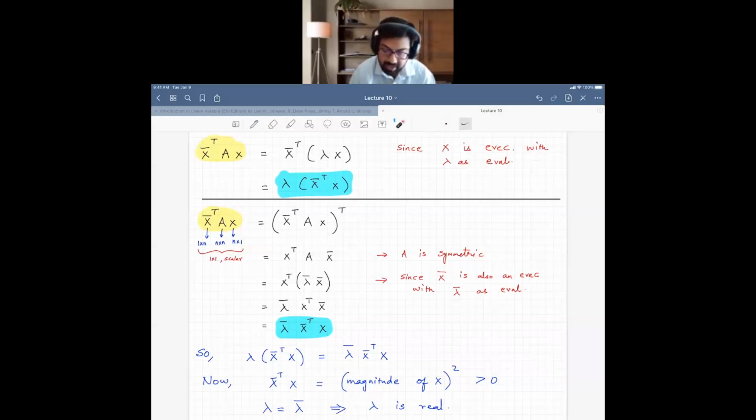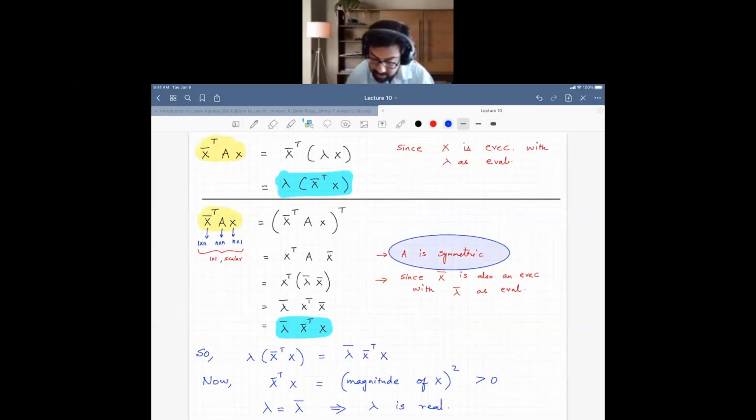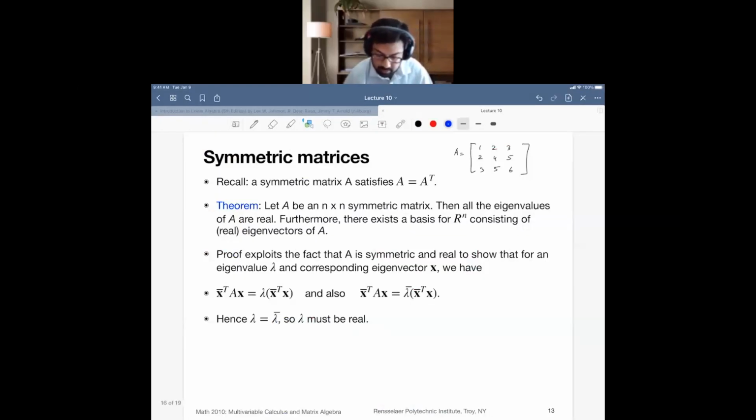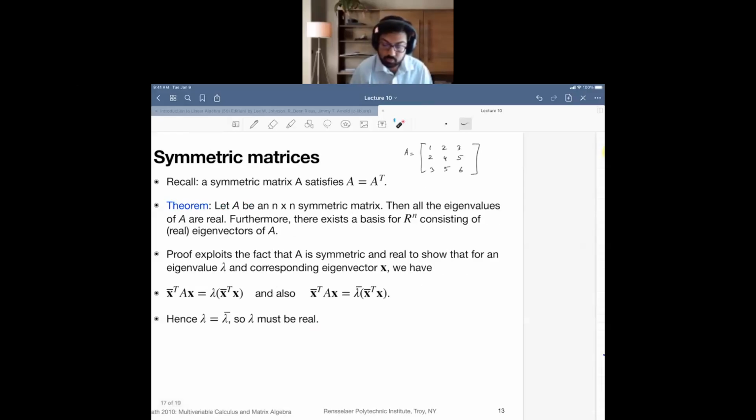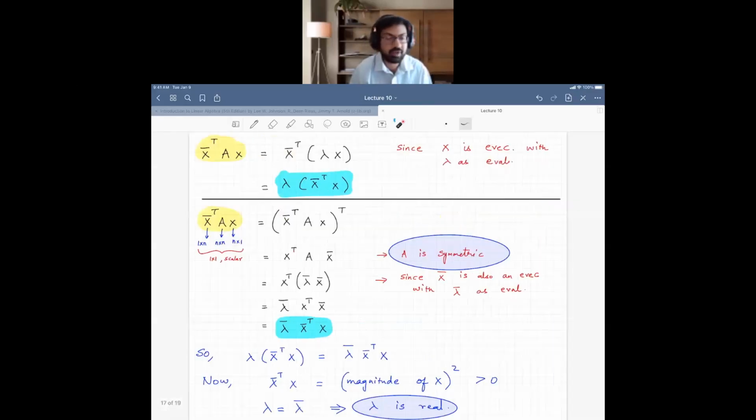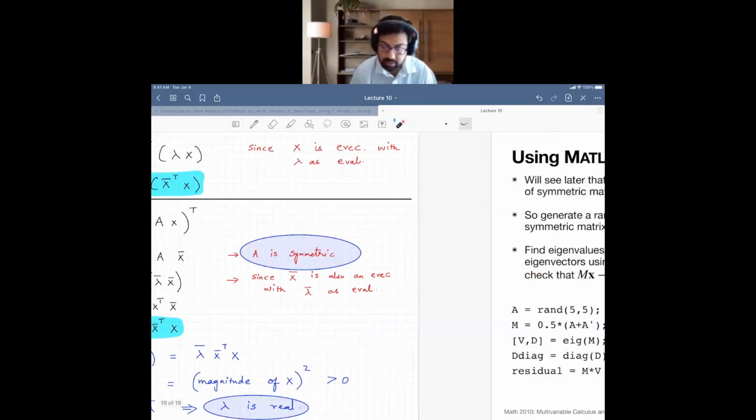So if you have A to be symmetric, then eigenvalues are real. All right, so that's the proof for that. So laid out in a statement here, lambda must be real. Let's move on. If you have a symmetric matrix, your eigenvalues are real, right? That's what we proved here.